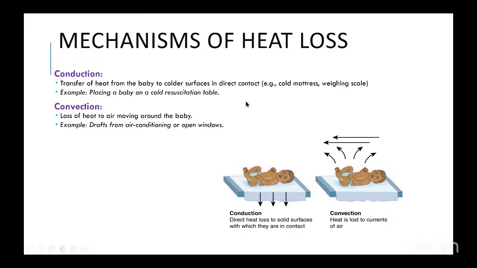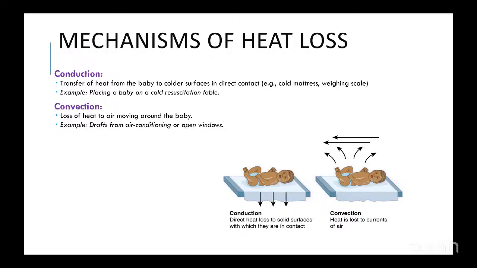And the next one is conduction, whereby the baby loses heat from being in contact with a cold surface. Say, for example, a cold mattress or cold weighing machine, things like that, which you can prevent by keeping the baby on a warm surface and using warm mattresses.